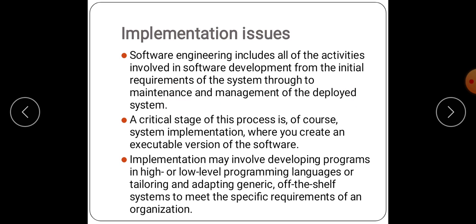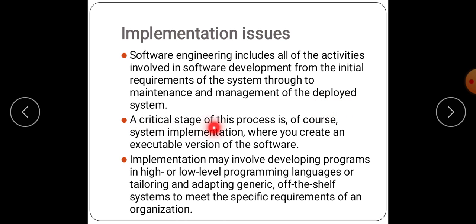Deployed system means after delivery to the customer, and the customer is working, at that time also we are going to give the service. That is the maintenance and management of the deployed system.